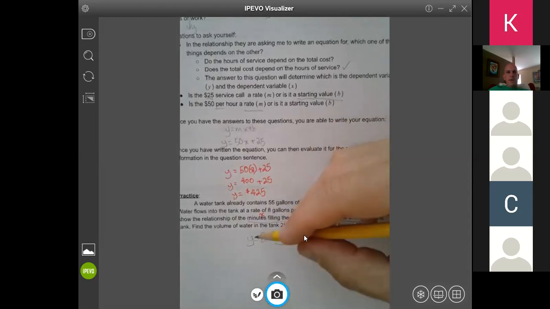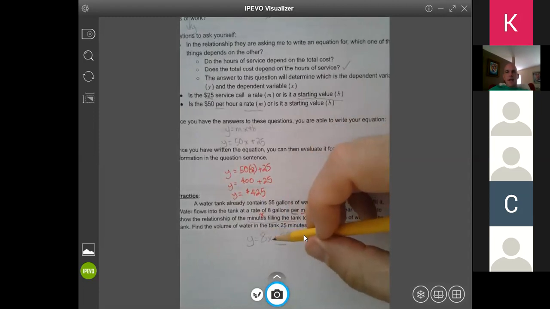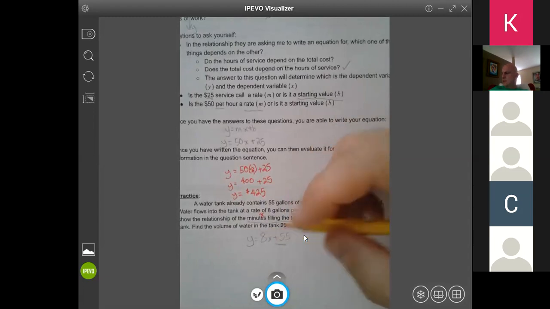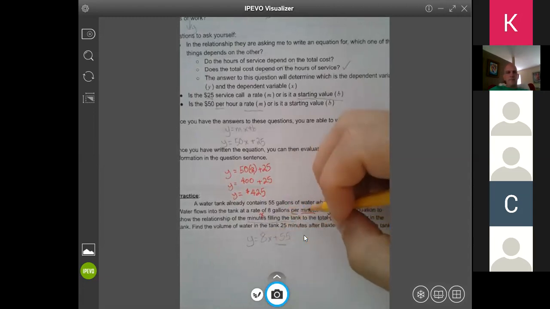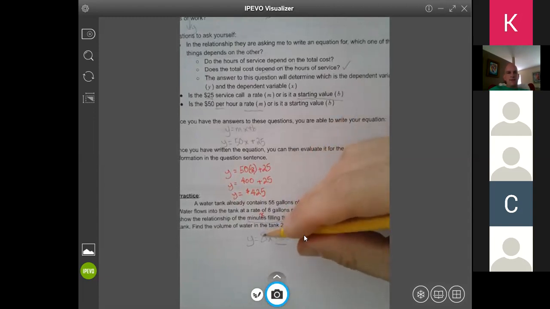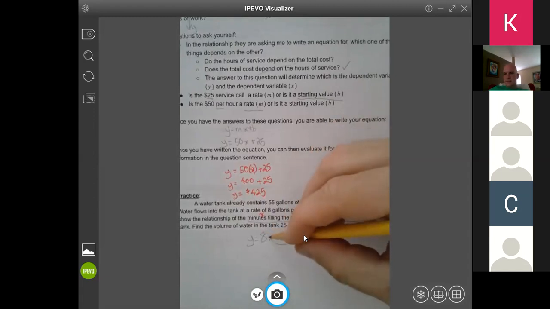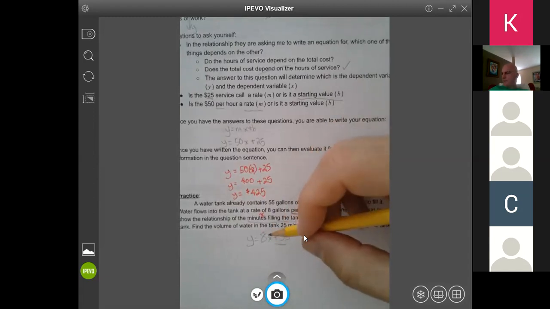Our rule is always going to contain a y and an x. It's never not going to contain those two variables. We just have to know what those variables represent. In the case of the rate, it tells us per minute. Well, if our rate is times x always, our mx is always part of that.